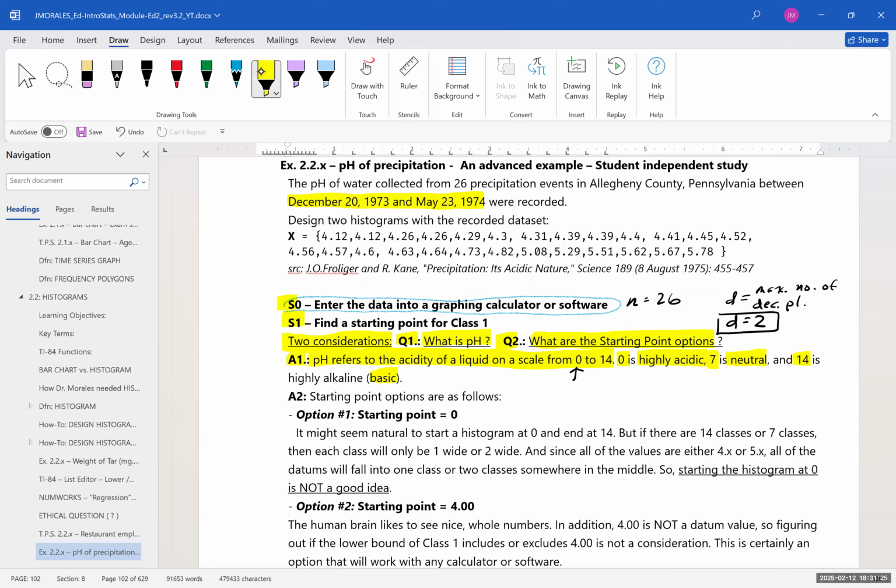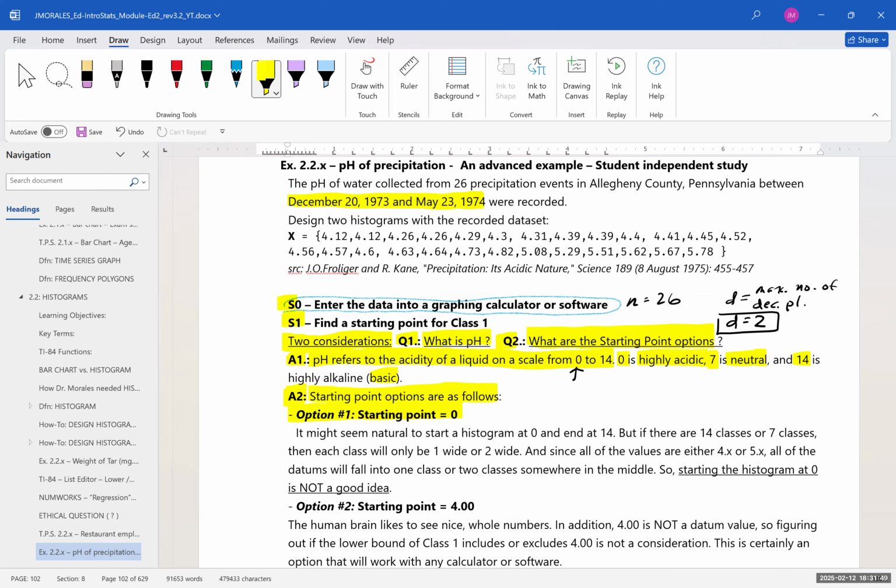Question two is, what are our starting point options? So let's look at answer two. Like I just mentioned, it might be a good idea to start with 0 as our starting point because 0 is on the scale of acidity levels.